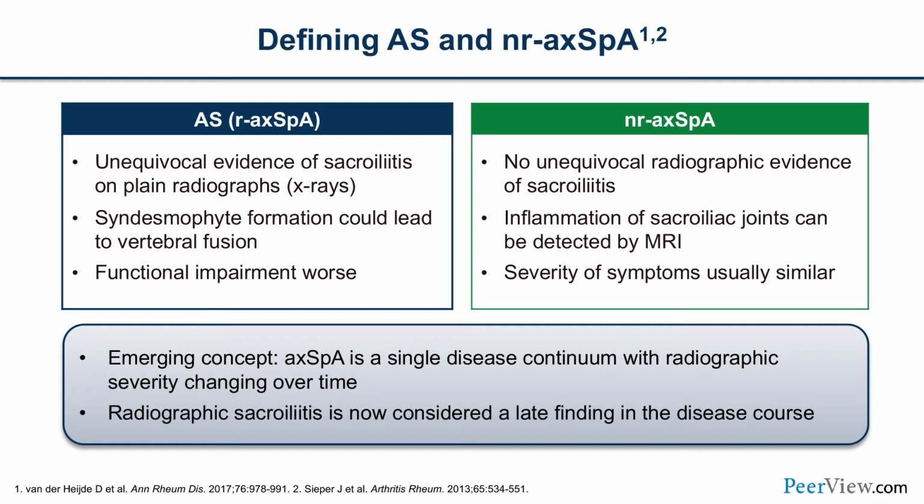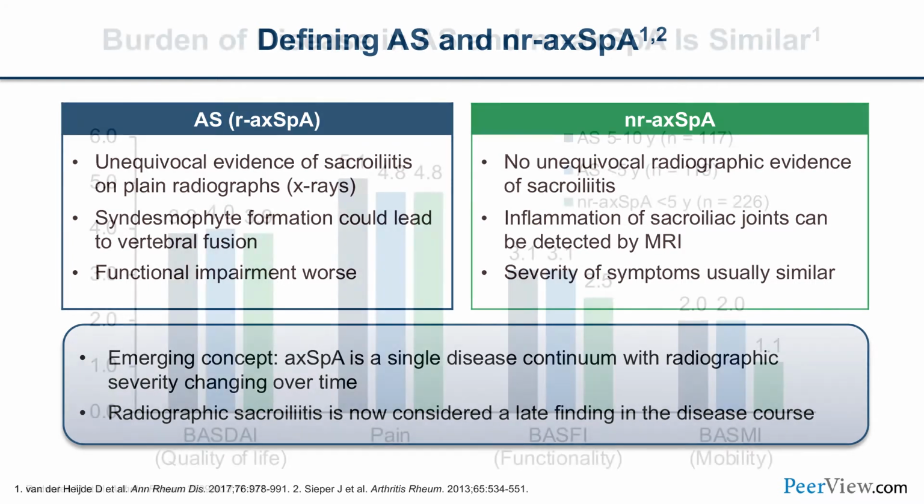There is no unequivocal radiographic evidence of sacroiliitis on plain films, yet the MRI, a more recent addition to our armamentarium of radiographic assessment, can be highly revealing. On the other hand, the symptoms and burden and quality of life can be equally affected by either type. The emerging concept is that axial spondyloarthritis is a single disease continuum, yet some patients just never develop the radiographic findings.